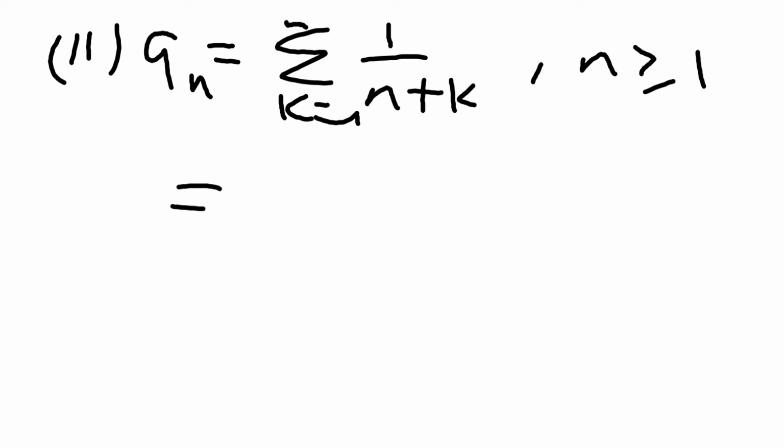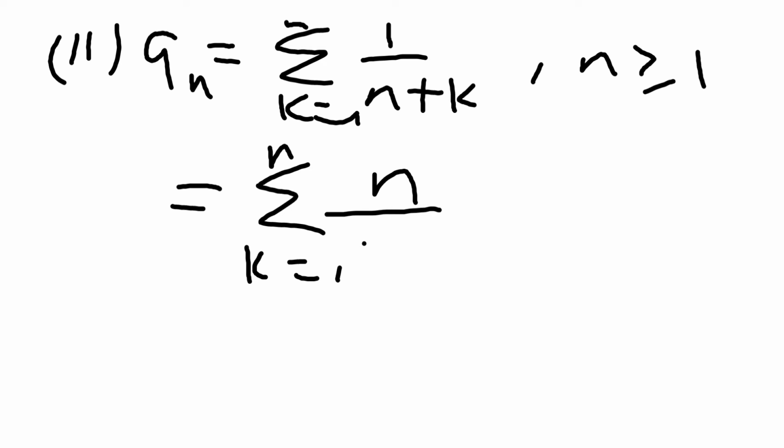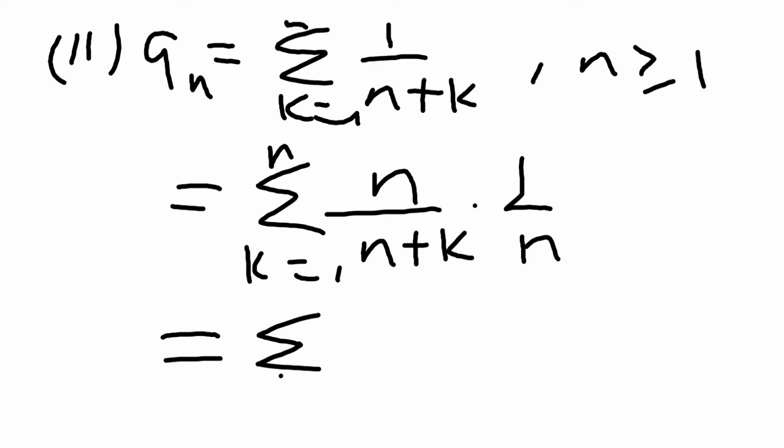This is nothing but the sum from k equals 1 to n of n all over n plus k times 1 over n. So if this n cancels out this n, I will have the same thing that I have up there in the first one.